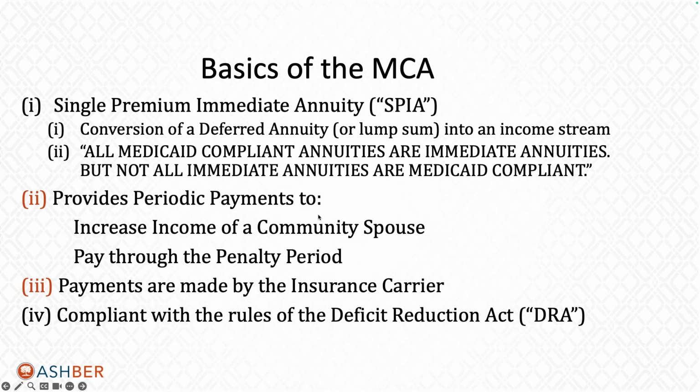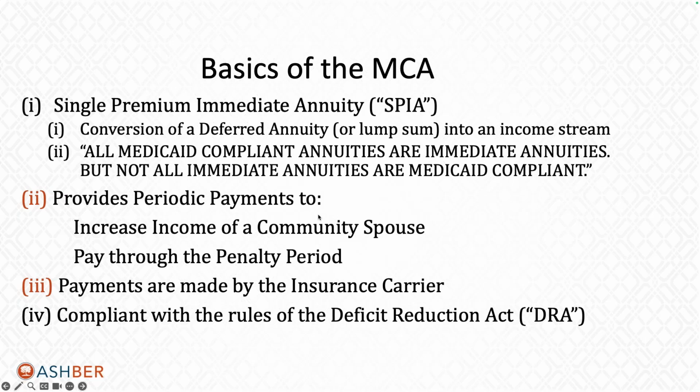And one rule of thumb that I always have here, and I would probably always put this on my presentations whenever I'm talking about annuities, when you're dealing with an annuity that you have in your office, you want to keep in mind that all Medicaid compliant annuities are immediate annuities, but not all immediate annuities are Medicaid compliant. And that's a slogan I've been saying for years.